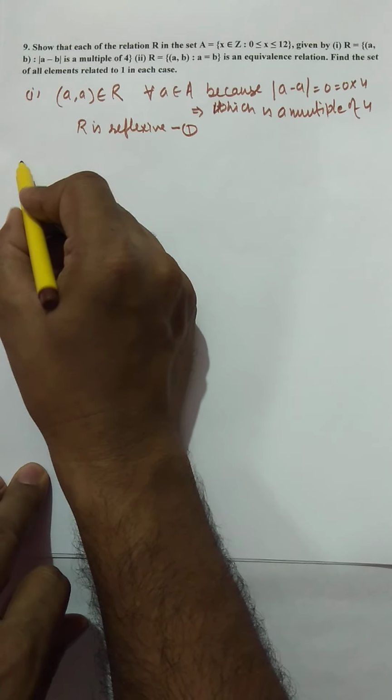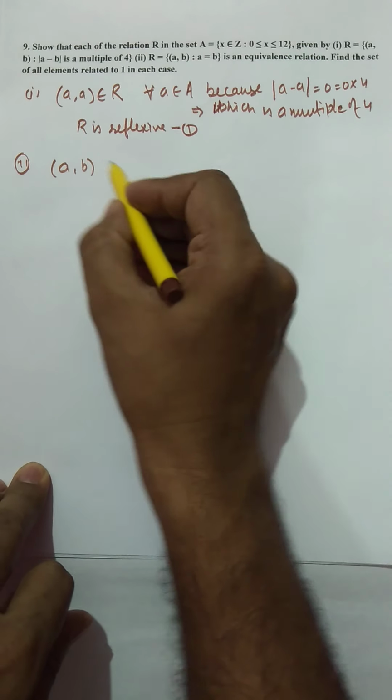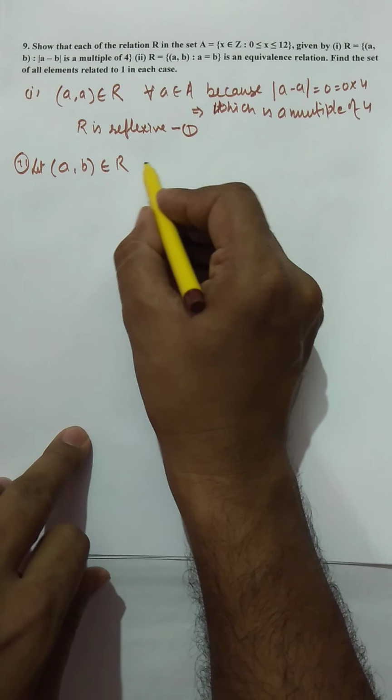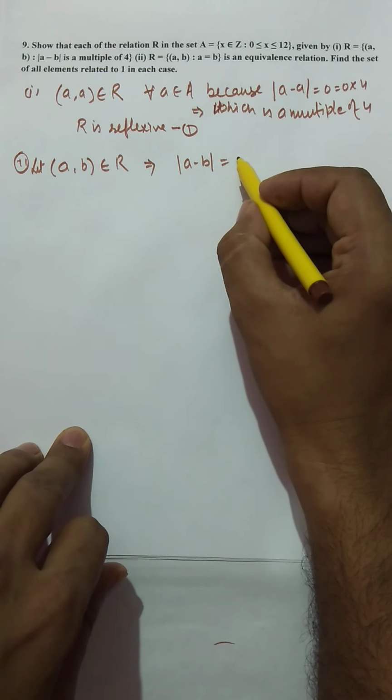Next we talk about symmetry. Let (a, b) belong to R. It implies that a minus b is a multiple of 4, let's say 4m.